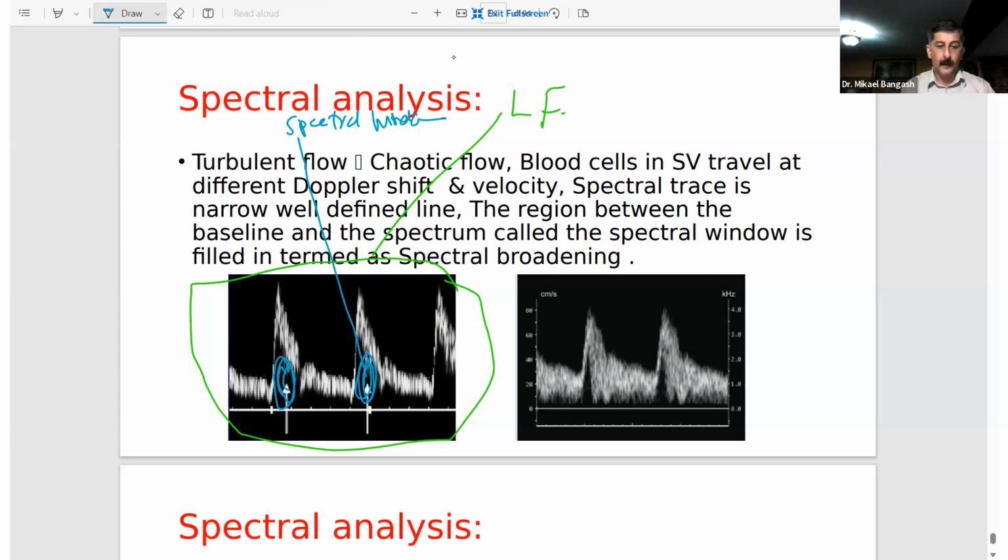What the spectral window is, if you see here, it is clear, in the sense that it has the same color as the background, black. So in laminar flow, we mainly say that we have a clear spectral window.